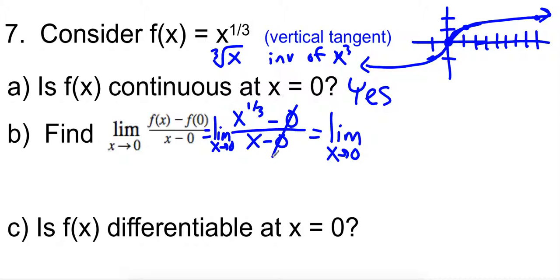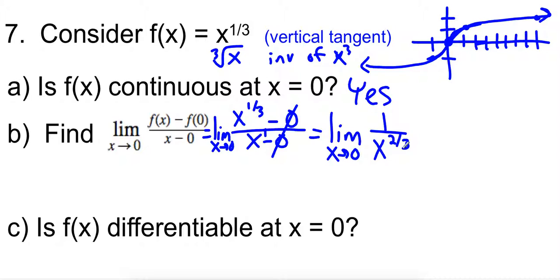Now, obviously, the zeros don't matter here, so we have x to the 1/3 over x. If you subtract your exponents, that's x to the negative 2/3, so 1 over x to the 2/3. All right, now if we plug in 0, you can look and see there's an asymptote here. This function would have a vertical asymptote there.